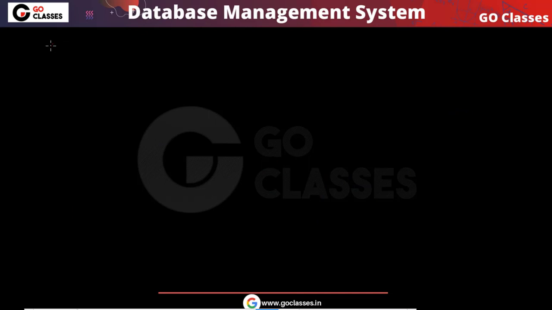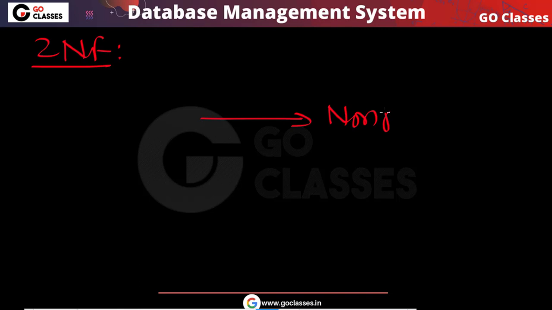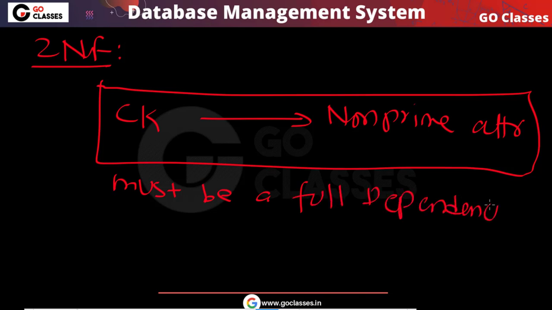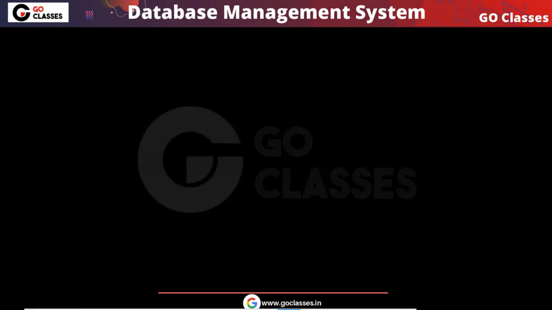Anytime in 2NF, if you put a non-prime attribute on the RHS and a candidate key on the LHS, this must be a full dependency. What it means is that this should not happen: this type of partial dependency is a violation.